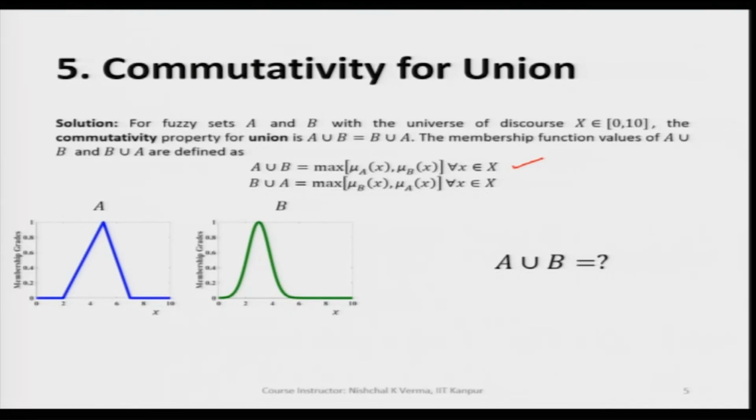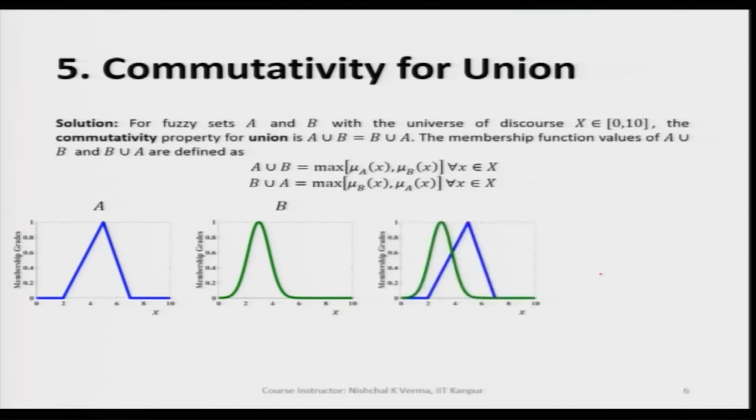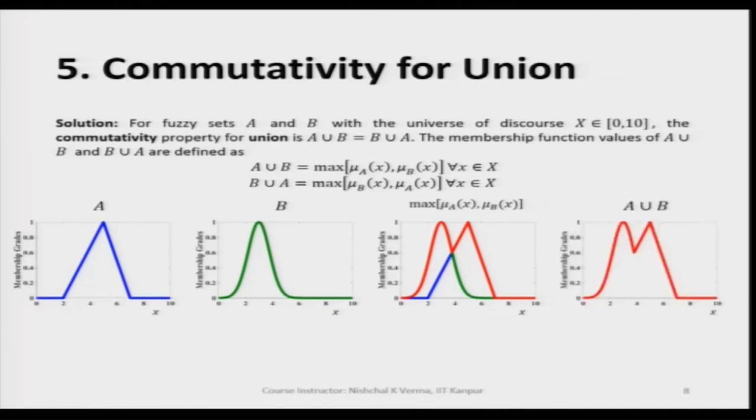If we do that, we find A union B as this. We have already discussed enough as to how we get the union of two fuzzy sets. This way, after applying this condition, we get A union B as shown here.